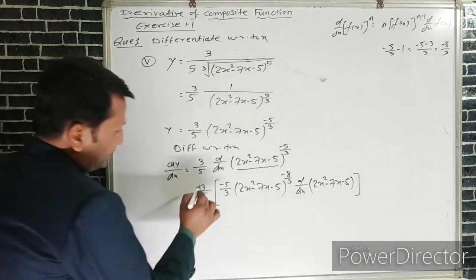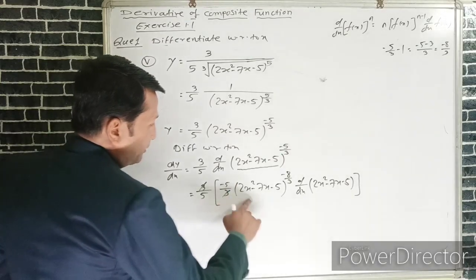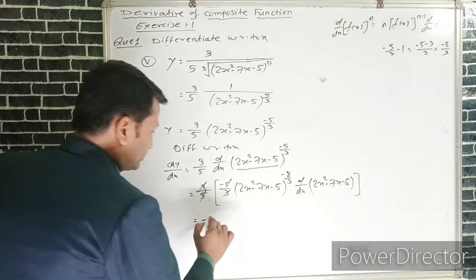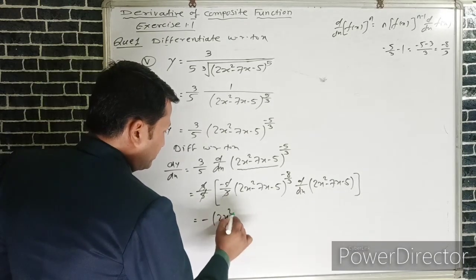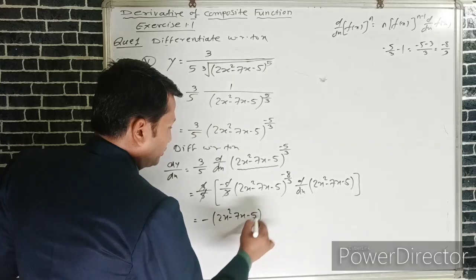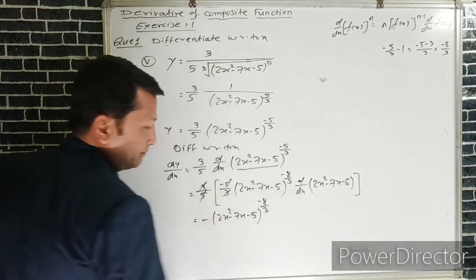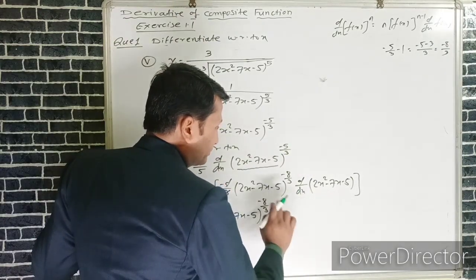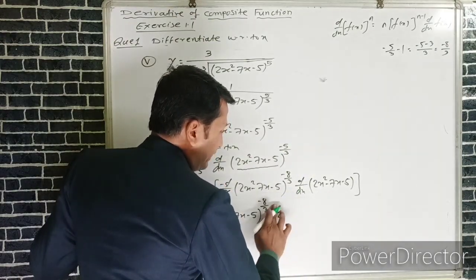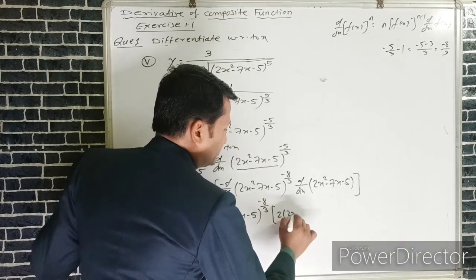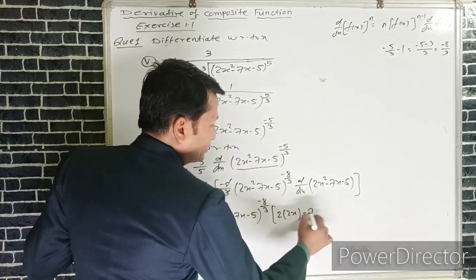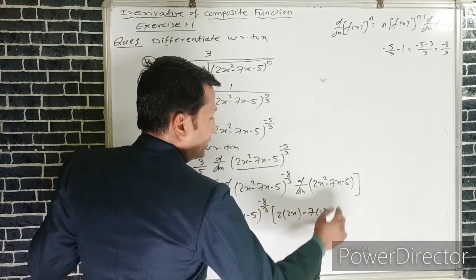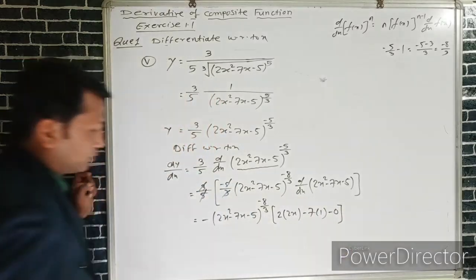After that, 3 and 5 cancel because both are multiplied terms, which gives −(2x² − 7x − 5) whole raised to the power −8/3 into the derivative of 2x². 2 is a constant and the derivative of x² is 2x, 7 is a constant and the derivative of x is 1, and the derivative of 5, which is a constant, is 0.